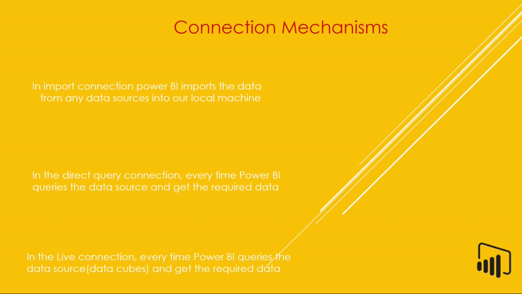It will be allowed only for live data sources. That option will come when we are connecting only one data source, like data cubes. That option will be shown in live connection.